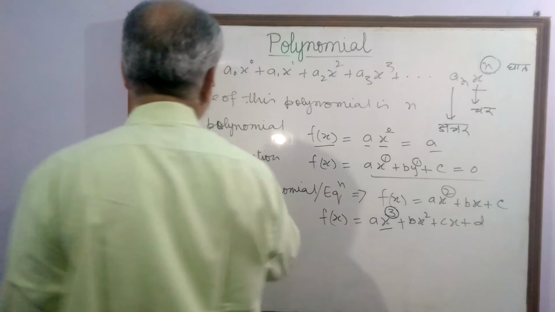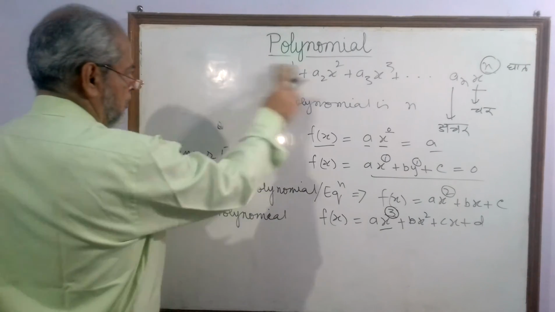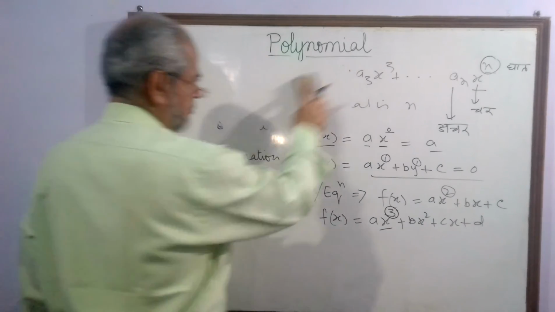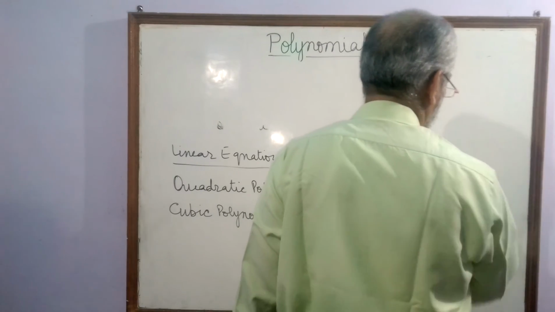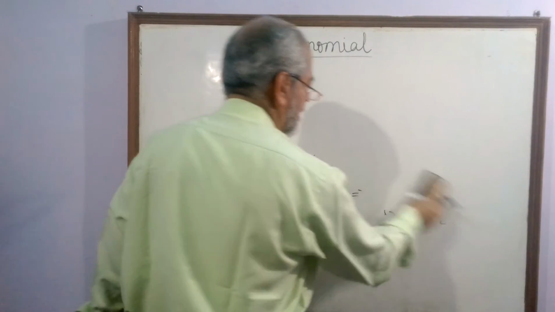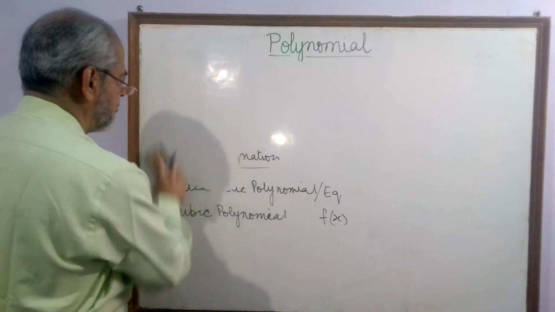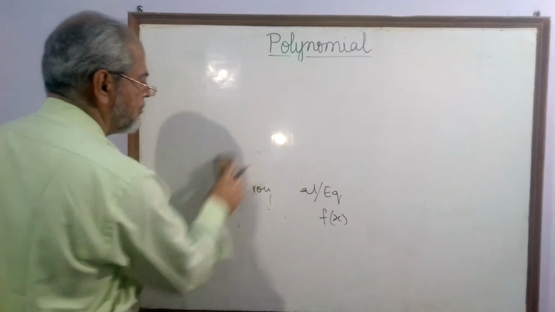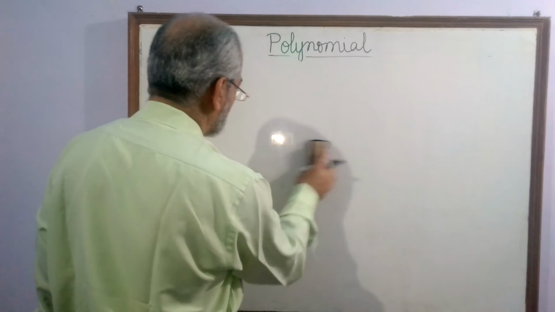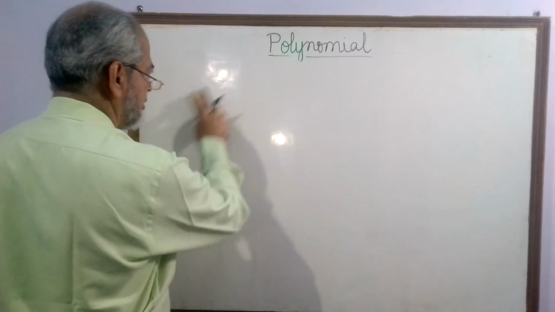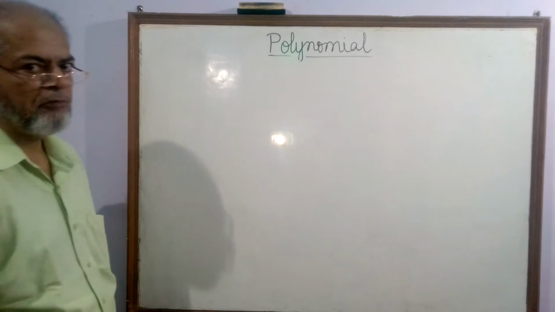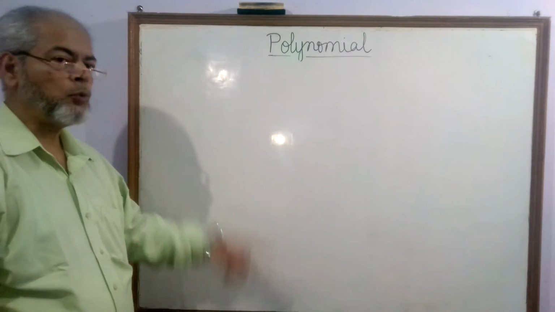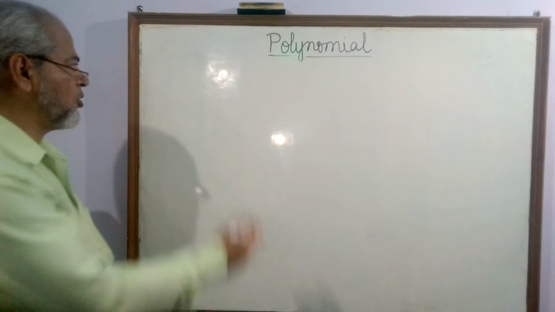Okay, now how can we find out the value of the variable? If there are two variables, then to solve this type of equation we should have at least two equations. Only then we can solve.